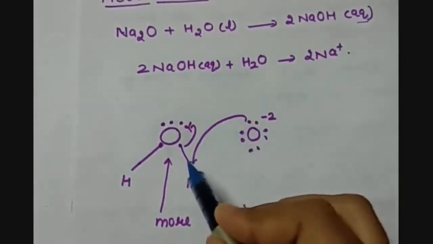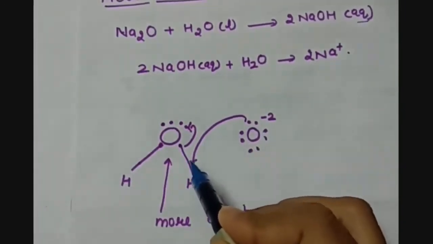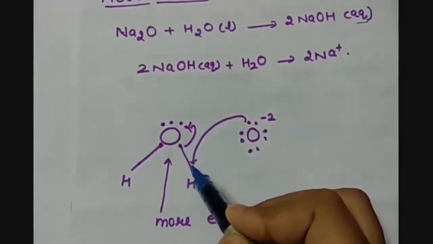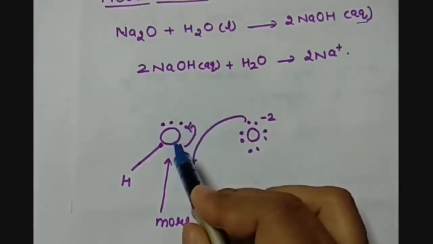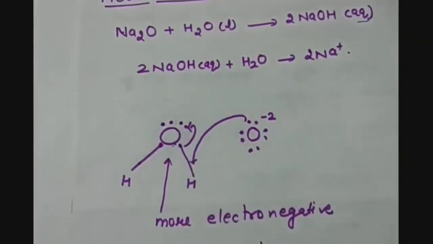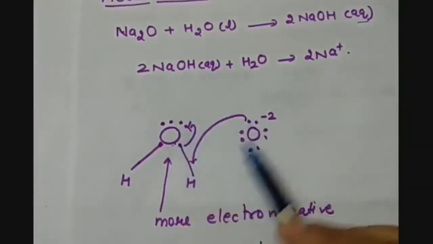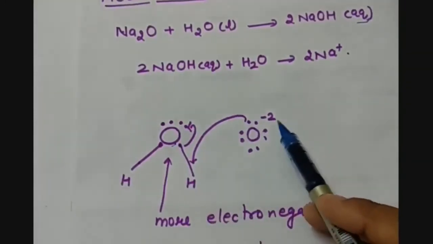And when this bond is broken, then this electron also goes to this oxygen, because this oxygen is more electronegative than hydrogen. It has a tendency to attract the shared pair of electrons, and hence this oxygen also gets one negative charge, and the other is also compromising its one negative charge.